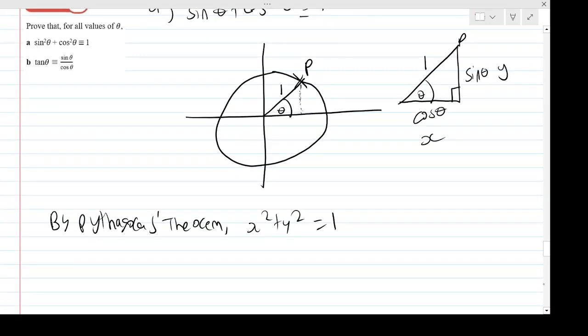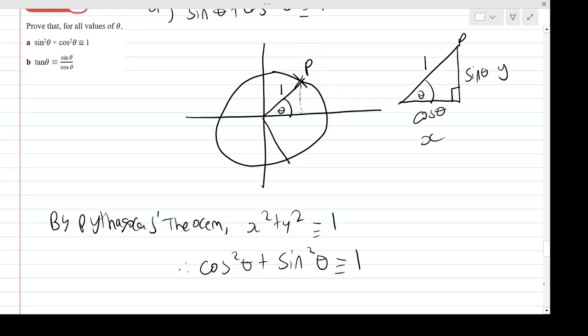But we know x and y are cos and sine. So we can say that x squared is going to be cos squared theta, and y squared is going to be sine squared theta. And that's going to be equal to 1. Well, it's going to be identical to 1, actually, because it will be true for all values of theta. Because, again, it doesn't matter where I put my point on the unit circle.